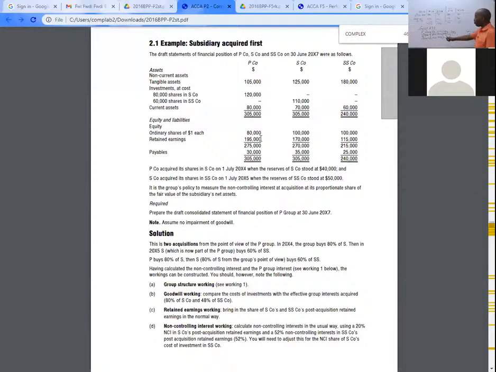So share of post-acquisition profit for S, if I remember, was it 26? No, 104. Please give me these figures as I disappear. I can see Mr. Njuguna here. Ilikuwa inakuja ngapi somebody? Who can give me this figure? Tulikuwa tumeshafanya already. 104. And then we have share of post-acquisition profit, SS.